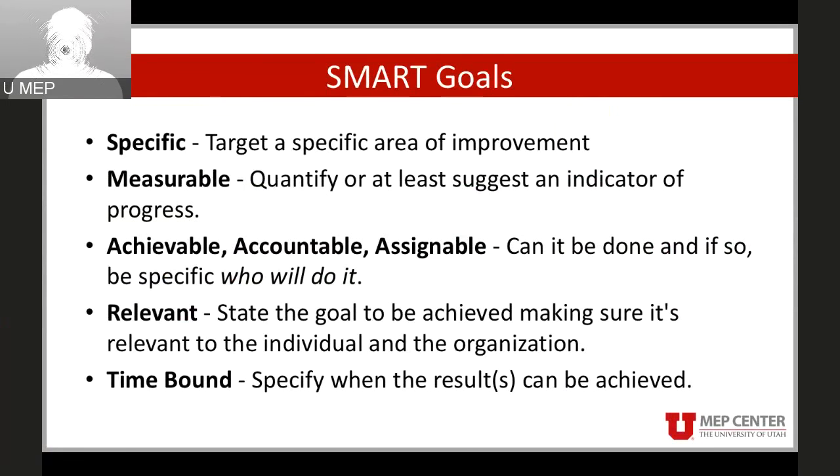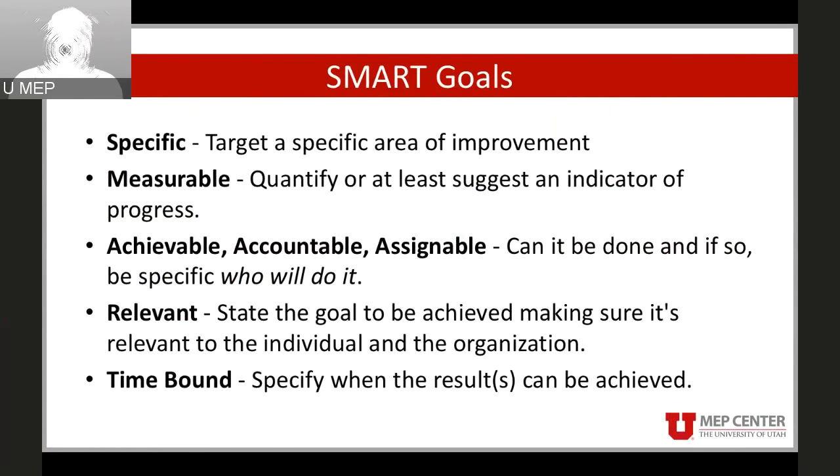So making a goal specific, we want to make sure it applies to the area we're focused on. Measurable, you'll hear me say quantitative over and over throughout this presentation. And that's really important in terms of the VSM to make sure we're quantifying how we're obtaining our goals. We want to make sure it's achievable. We're not really trying to come up with pie-in-the-sky solutions or something that's not achievable or can't really be assigned.